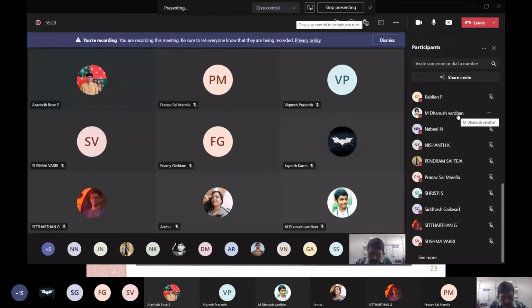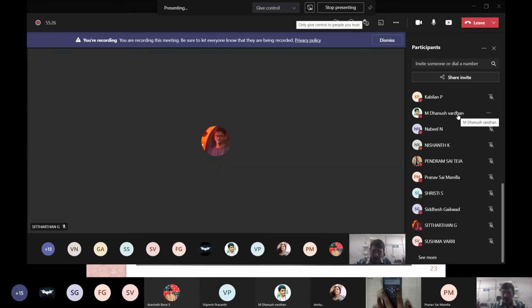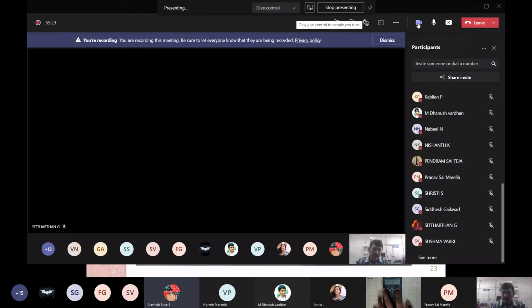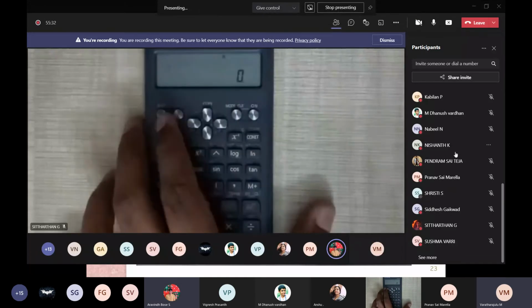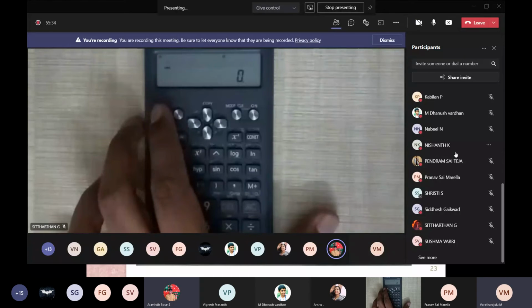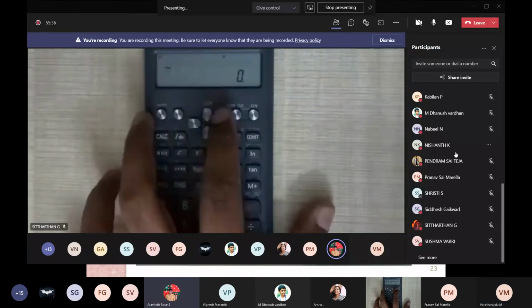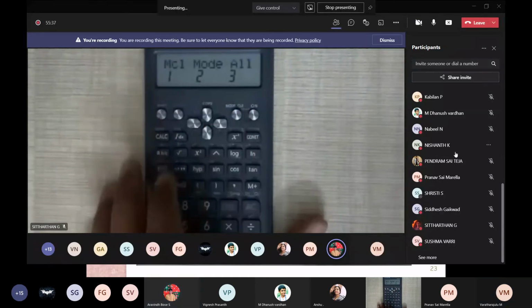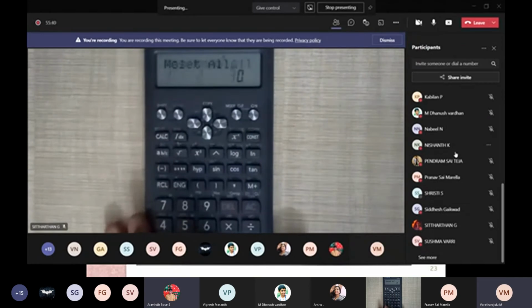Someone asked some doubt. Siddharthan, yes. Shift, 3, give equal to. Very good.